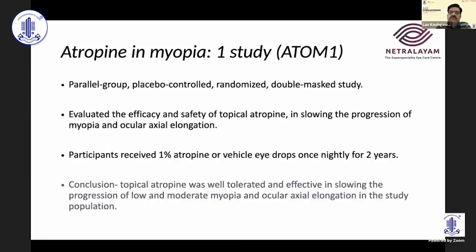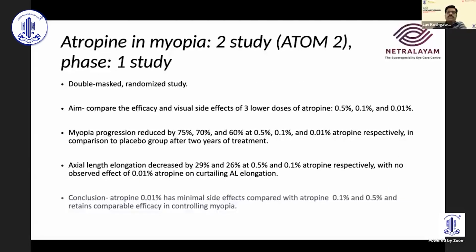They concluded that topical atropine was well tolerated and effective in slowing the progression of low and moderate myopia and ocular axial elongation in the population. But obviously, with 1% atropine, various side effects are associated, so this was not very practical.